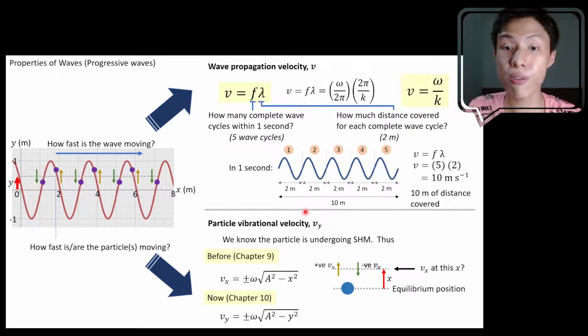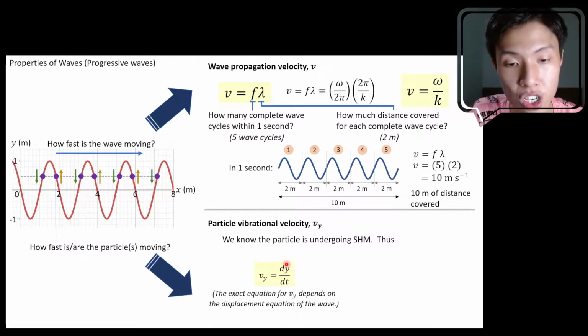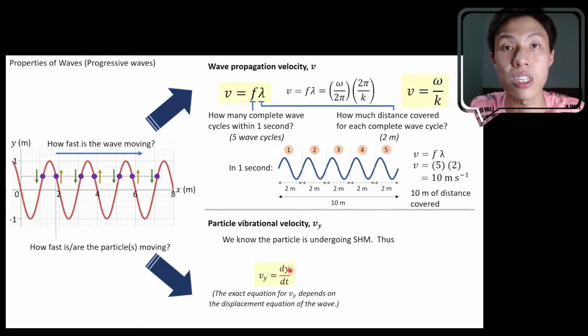So we have discussed a few equations for particle vibrational velocity. Let's try to summarize them. The particle vibrational velocity equals dy over dt. This is the first equation. You take the displacement equation and differentiate it against time. Which equation you get depends on your displacement equation.